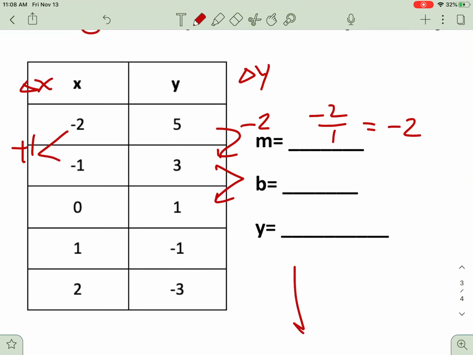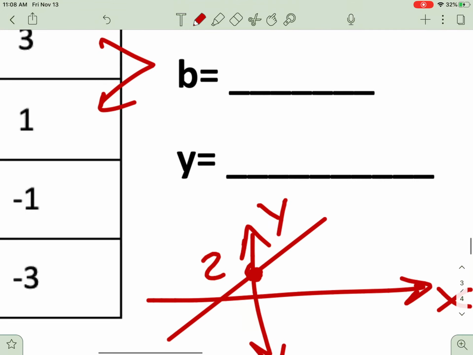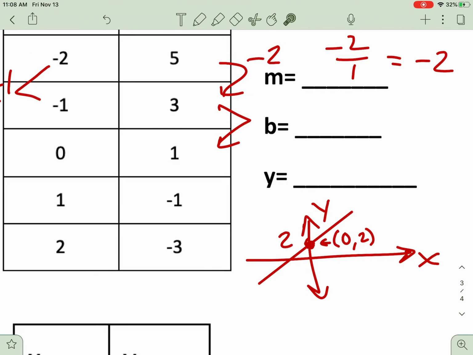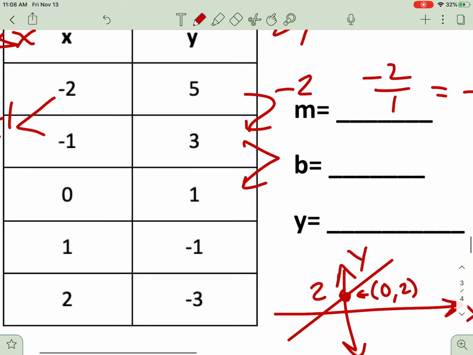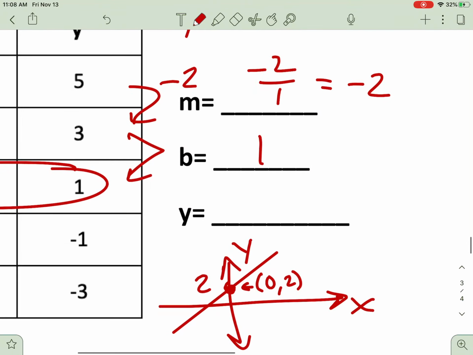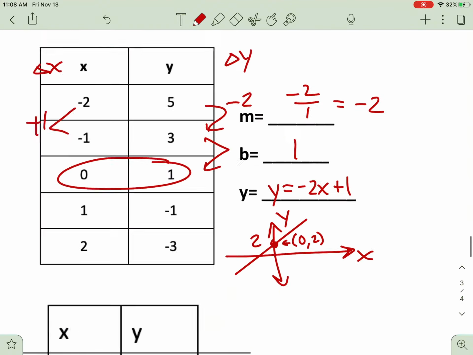So thinking about it from a visual component, let's say it crossed the y-axis at 2, well, that coordinate point would be 0, 2, right? So what was the x value when it crosses? It's 0. So we need to look in here and find where x is 0. Well, that's right here. So our y-intercept is 1, because that's what goes with it. So our formula is y equals -2x plus 1.